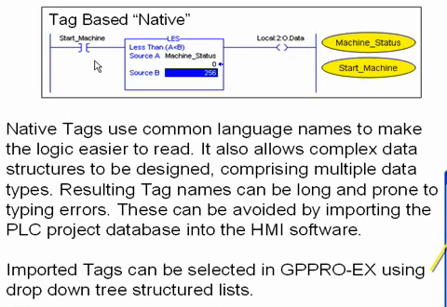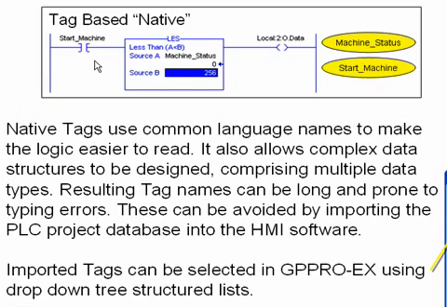The only problem for us from an HMI perspective can be that the resulting tag names are long. You could have a tag name that is my machine dot start machine dot whatever and carry on with a big long name, and that makes it hard to type in when we're looking at using that in our HMI.